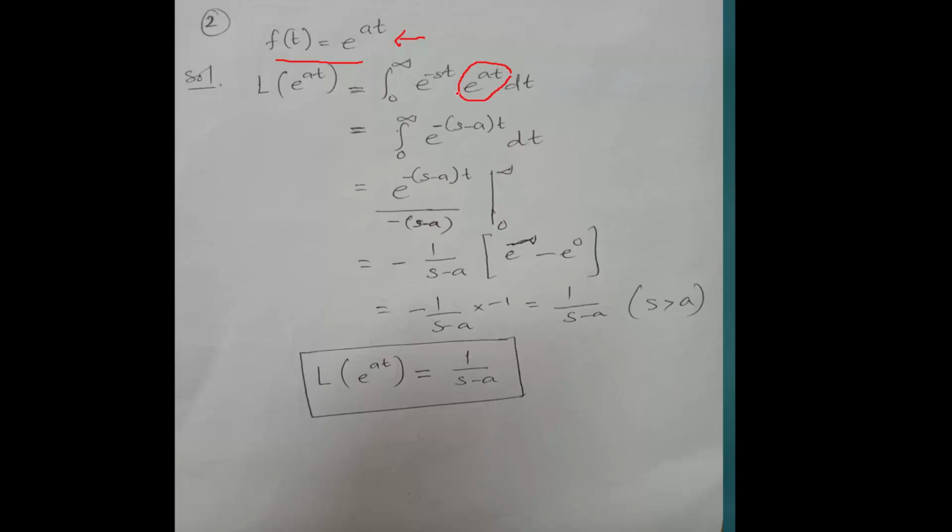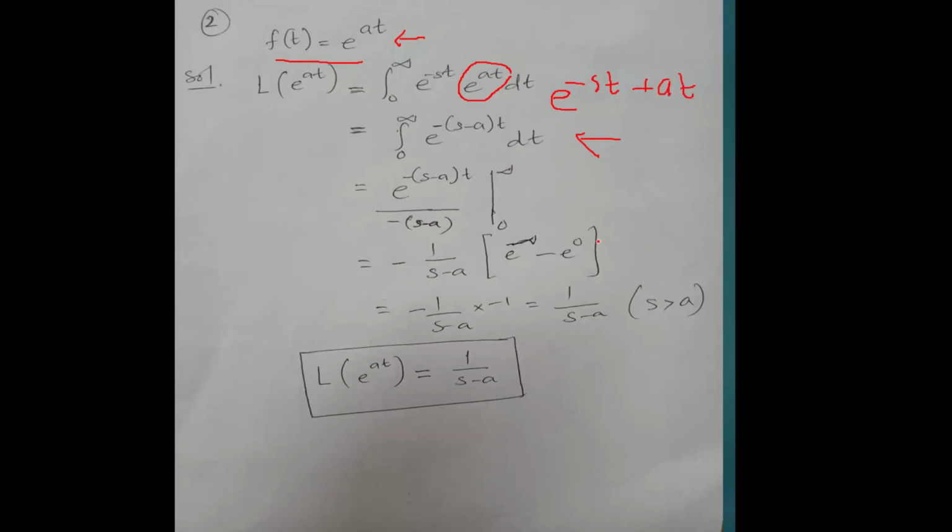So I've got this one, and what I've done in the next step is I've taken out minus common, right? Since the base is same here, I can add these two exponents. I can write this one like this: minus st minus a t.